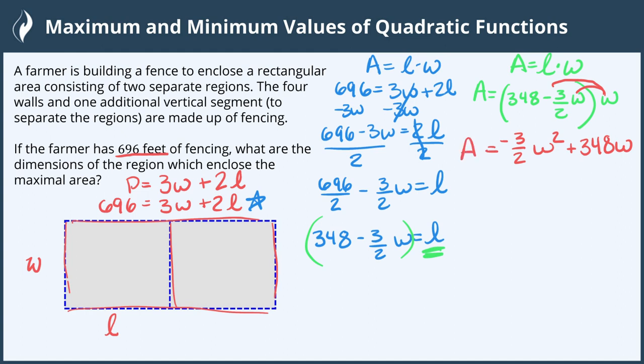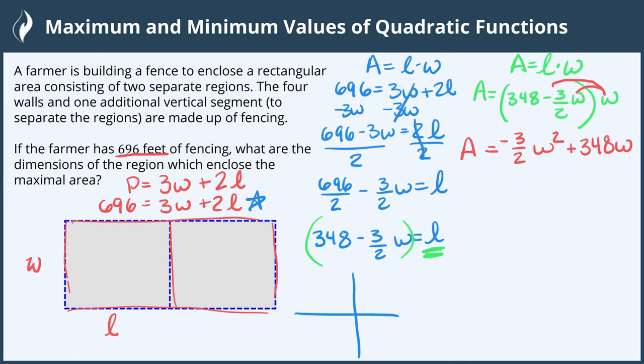Now we have an equation that is a quadratic because I have a W squared, I have a B in front of the W. I don't have a C here, but I don't need that to be a quadratic. We could put plus 0 for C, but I'm going to leave it as it is. This quadratic, we see that the A is negative 3 halves. And that's important because I know that it is a parabola. Let's do a quick graph down here.